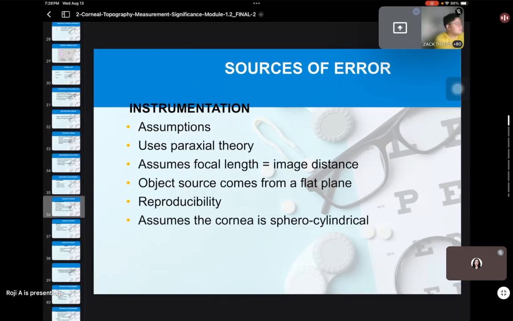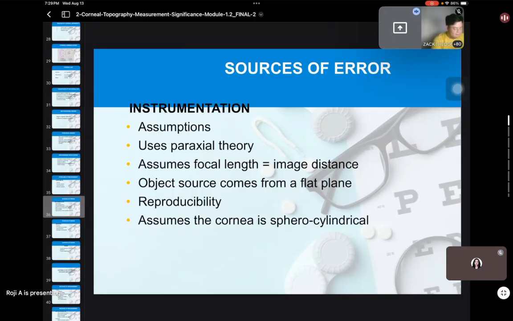Right. And it uses axial theory, and it assumes focal length, which is your image distance, and that the object source comes from a flat plane. Well, the question is, are the forehead and the chin rest in the right position? So you know that you would have a problem, right? Not to mention reproducibility.